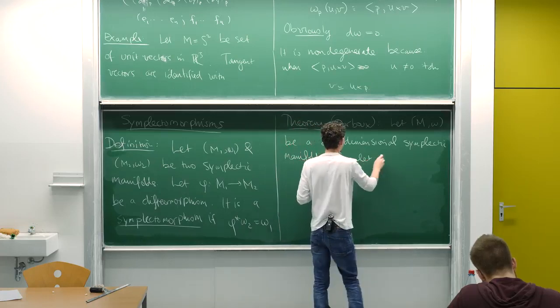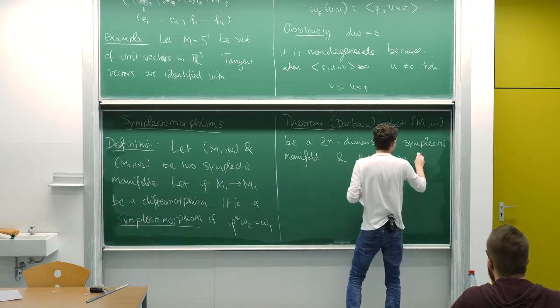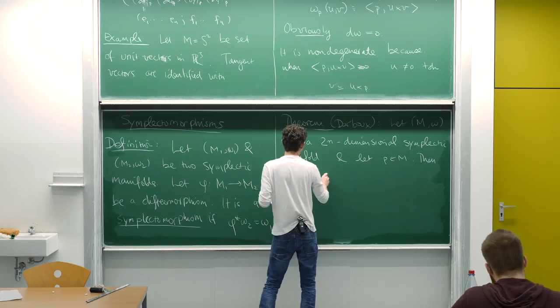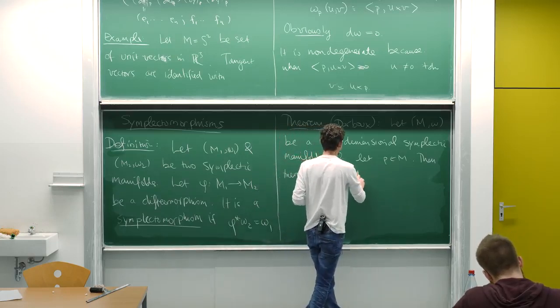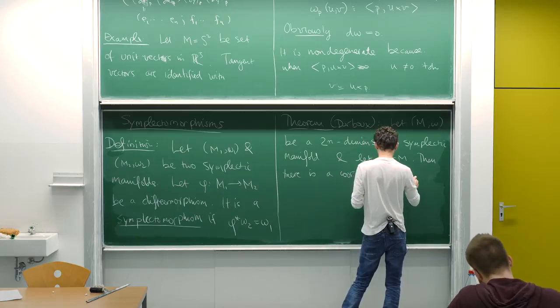So let P be a point in our symplectic manifold. Then there is a coordinate chart called the Darboux chart.